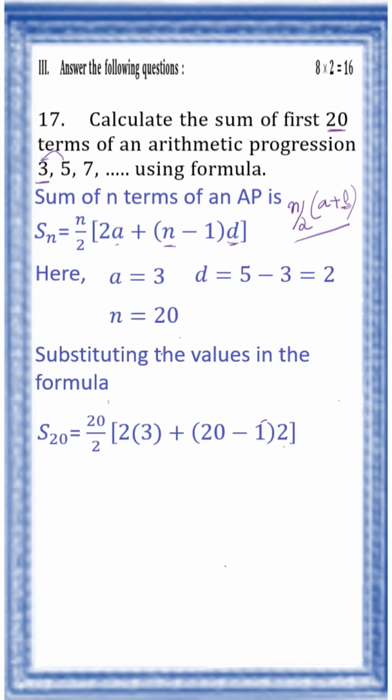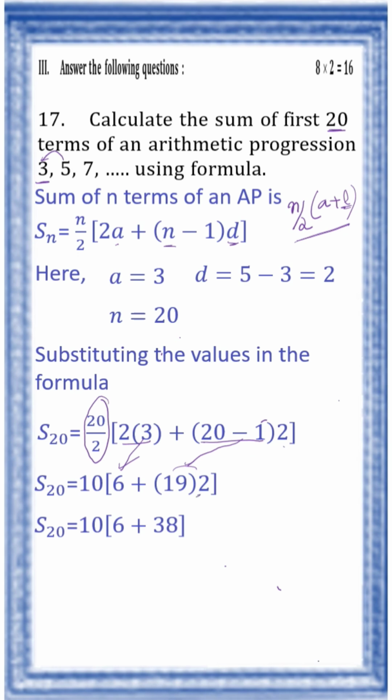So here 20 by 2, what is it? 10. 2 into 3, what is it? 6. 20 minus 1, 19 into 2. 19 into 2 is how much? 38. 6 plus 38, what is it? 44. 10 into 44, so S20 is 440. Sum of first 20 terms of the progression is 440.